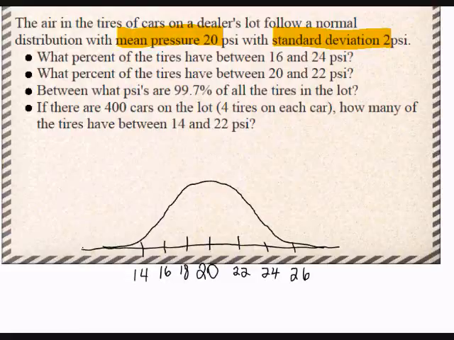Then I'm going to mark in what I said in the notes. Between 18 and 22 are 68%. Where are the numbers 18 and 22? You can see them. Next to the 20 is an 18.